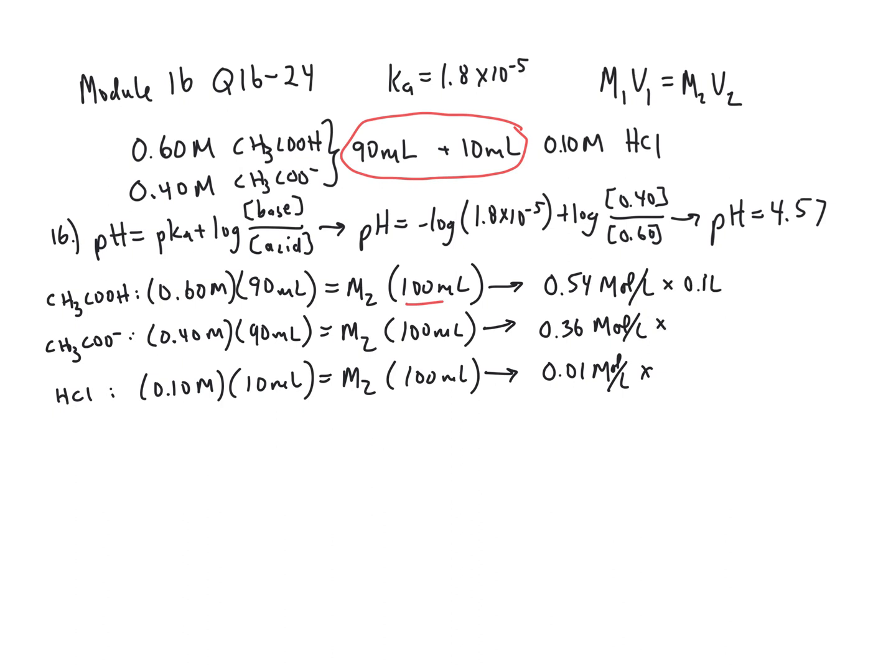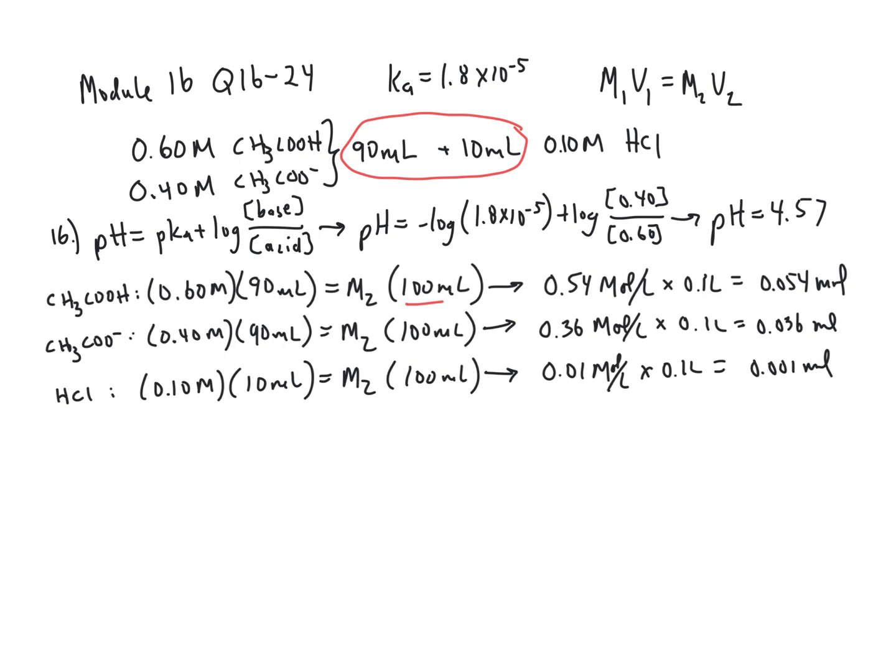So 0.1 liter, and we see that we've got 0.054 moles of acetic acid, 0.036 moles of sodium acetate, and 0.001 moles of HCl. To answer questions 18, 19, and 20.